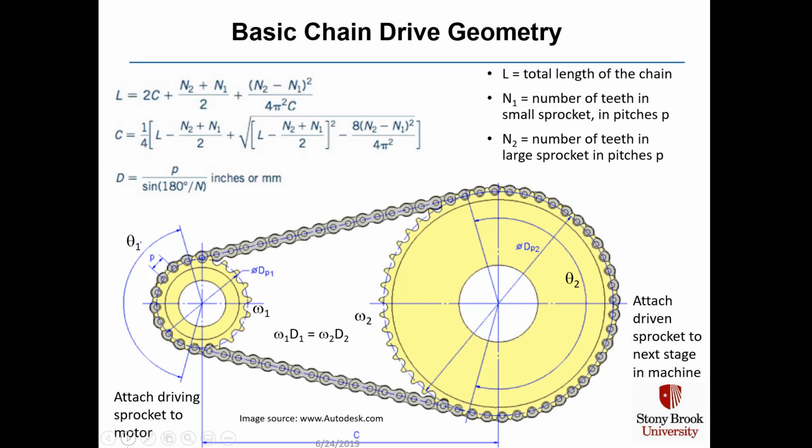Same goes for the large sprocket, we're using N2 and D2.